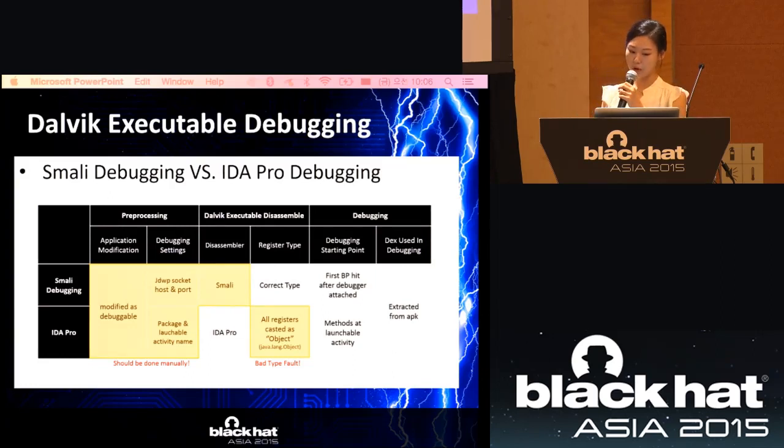But in the case of IDA Pro, with the package and launchable activity names set by the analyst, it starts the application and sets breakpoints at methods of the launchable activity, and the process waits for the debugger. So using IDA Pro, the analyst can start debugging from the start.